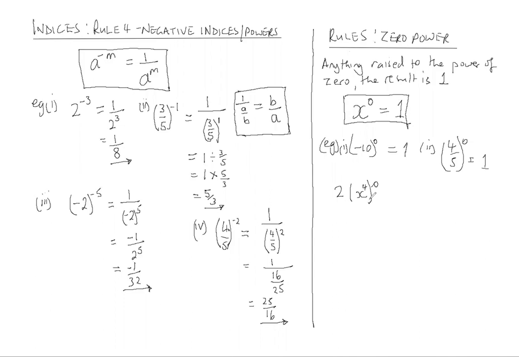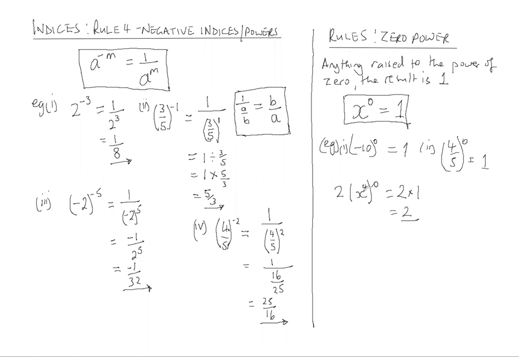Now you need to bear in mind that the 0 is affecting what is inside the brackets only. This 0 does not affect 2 in any way. So this is the same as saying 2 times x to the power 4 to the power 0. Because this whole thing has been raised to the power 0, this whole thing is just 1. Okay, so the answer is 2.